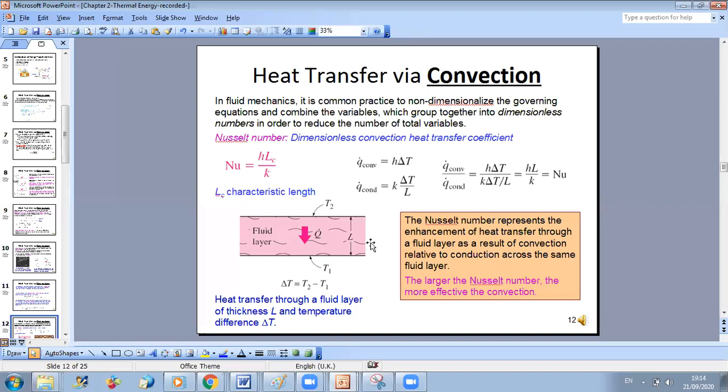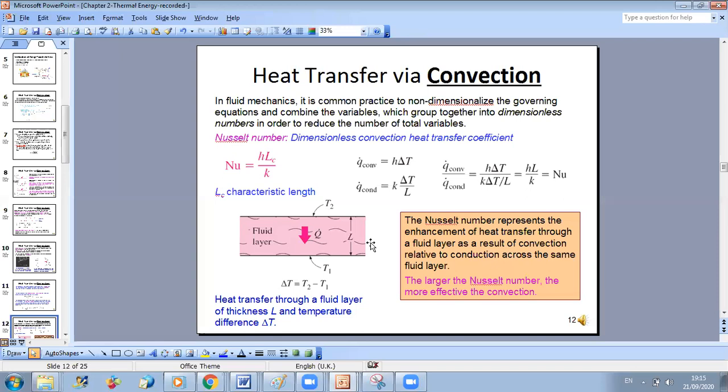So the Nusselt number is an indication of how much convection is dominant over conduction. If you have a very high Nusselt number, the convection effect is much higher than the conduction effect. And if you have a very small Nusselt number, the convective flux is much smaller than the conductive flux. So the Nusselt number can give you an idea which type of heat transfer is dominant.